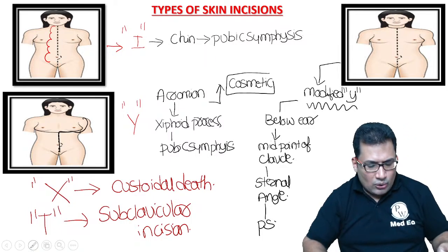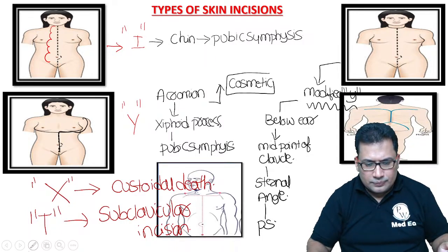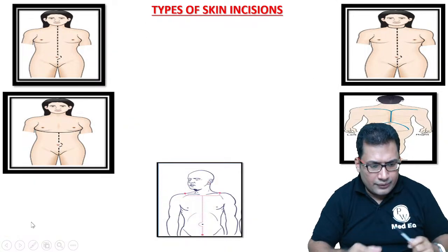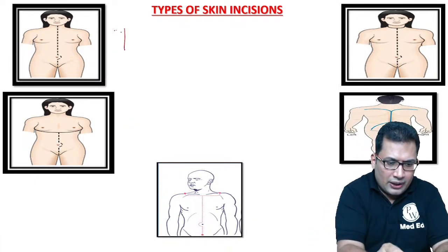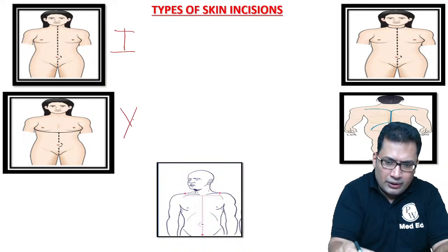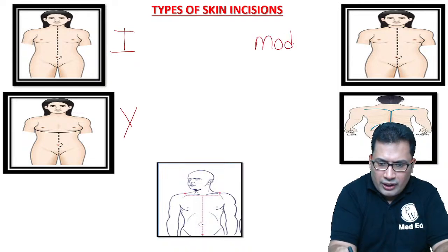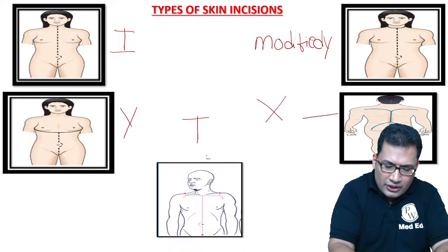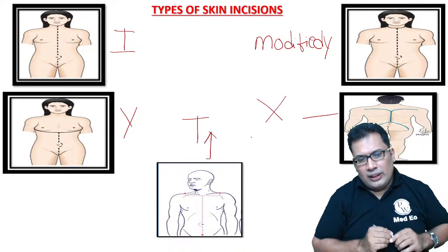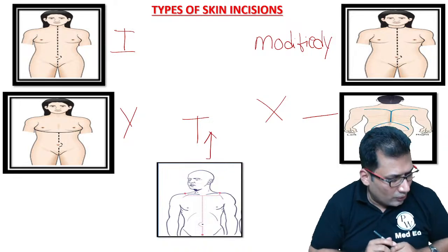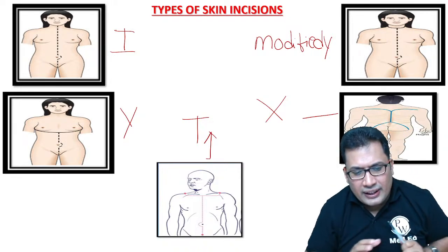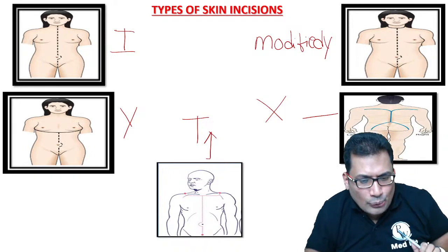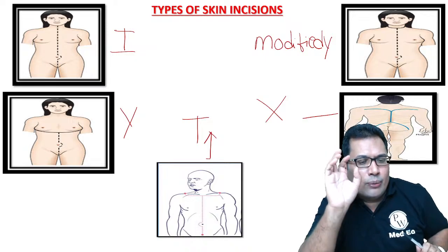You can see here all the 5 types. This is your I, Y, modified Y, X-shaped incision, T-shaped incision. All these are the types of skin incision. It can be a 3 marks question. If you mention this, it is more than sufficient.